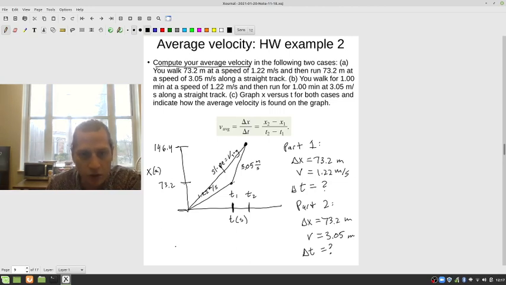And then once you want your v average, it's going to be your total distance over your total time. So that's going to be, in terms of this, 146.4 meters over t2, which is going to be this delta t plus that delta t.